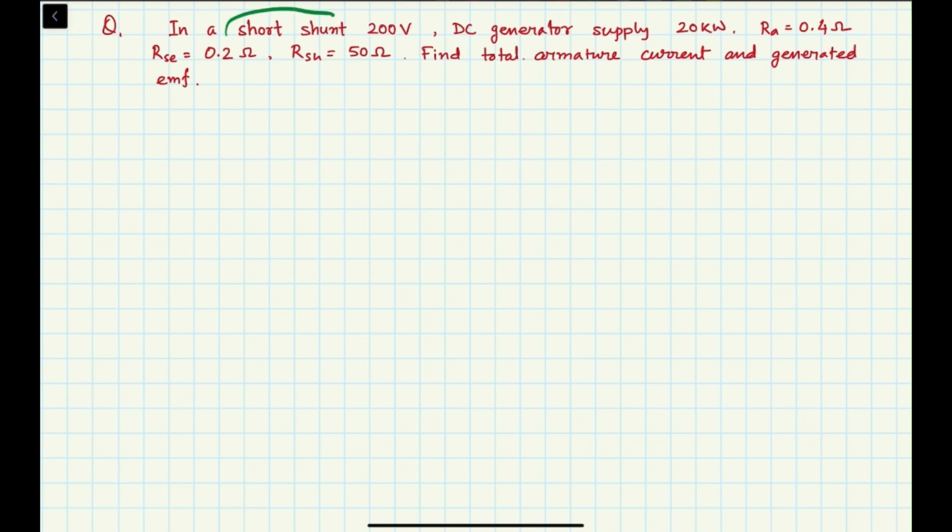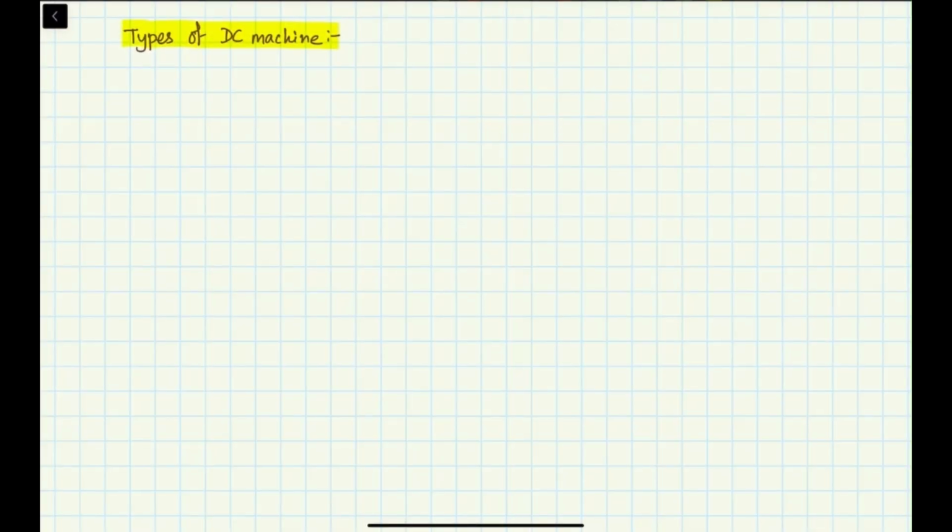So here we have a term called short shunt. So far we haven't discussed this short shunt, and to discuss that we need to explain a little bit about the types of generator. These DC machines are categorized according to their connection of shunt winding and series winding.